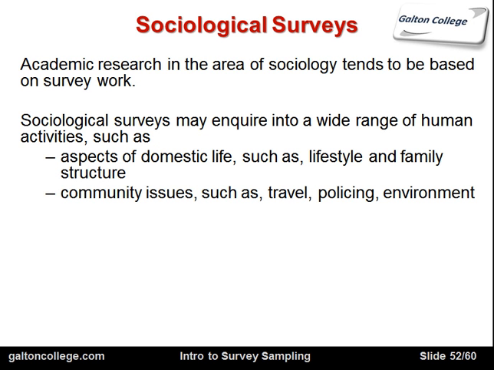So there's a lot of sociological work, conducted mainly through universities, into many aspects of life in the community. These surveys tend to be published and may form the basis of subsequent, later surveys on a more extensive level.